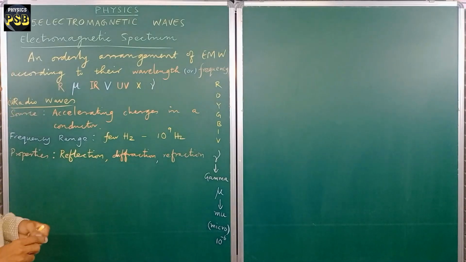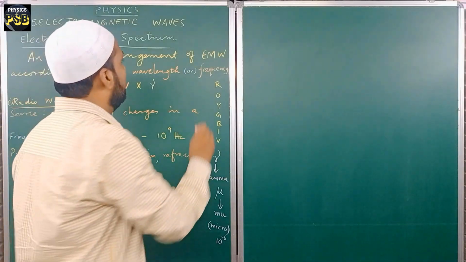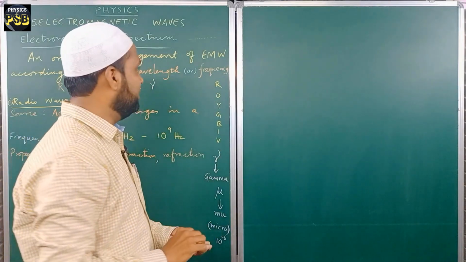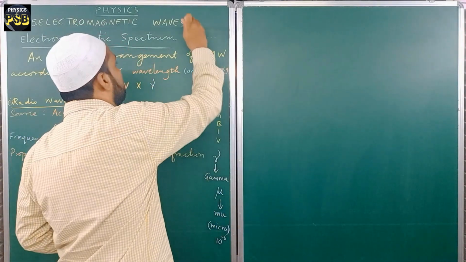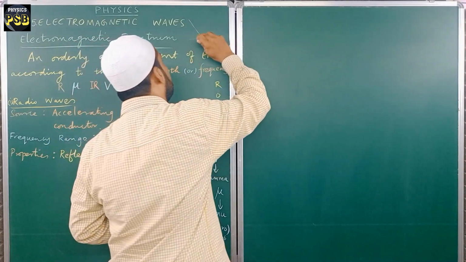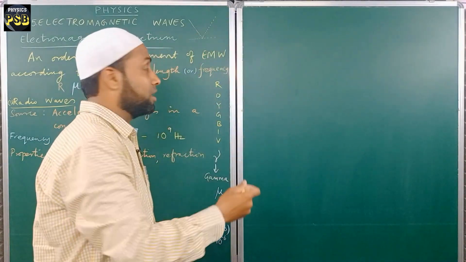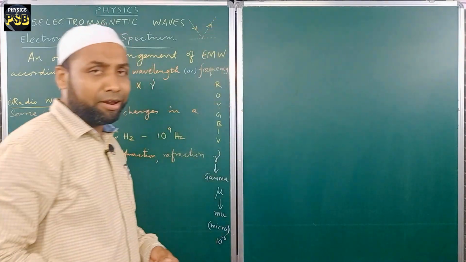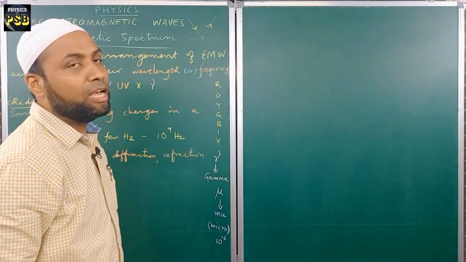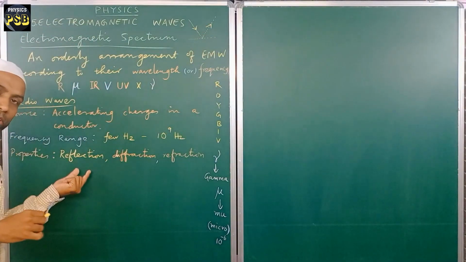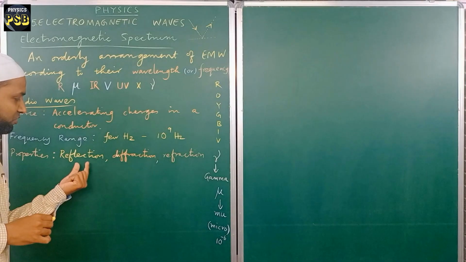What is reflection? Suppose I have a surface here. Some wave or ray falls on it and bounces back. This bouncing back of a ray or wave is referred to as reflection.